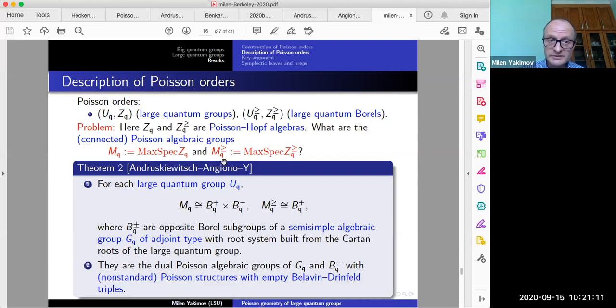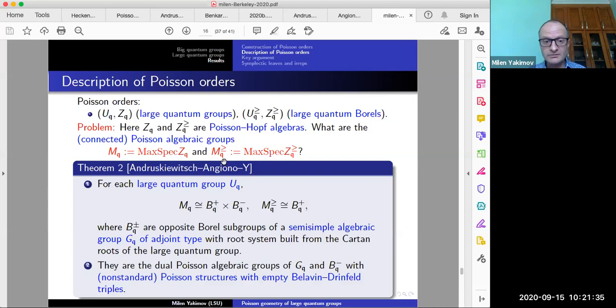One can say very explicitly that this group GQ has root system that's precisely coming from the set of Cartan roots of our large quantum group. For instance, if we're in a case SLMN, this GQ would be precisely the even part. And this is the first thing that just describes this as algebraic groups.